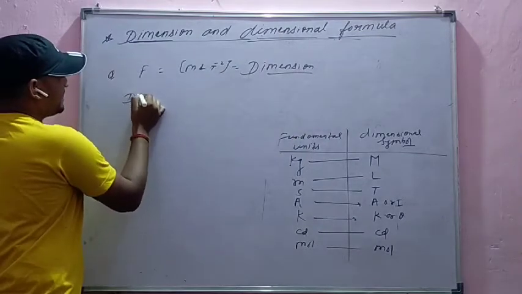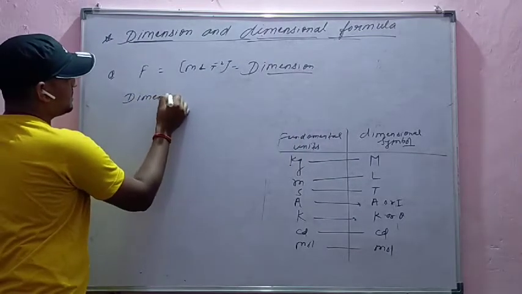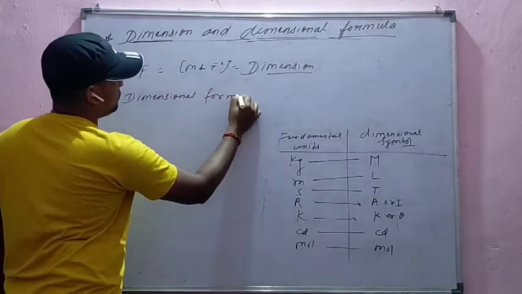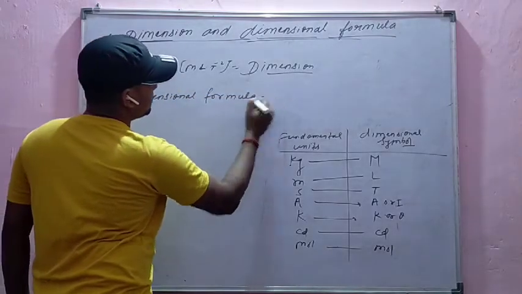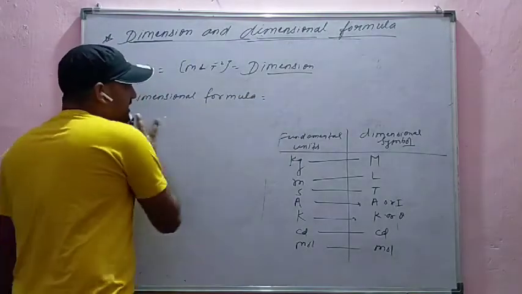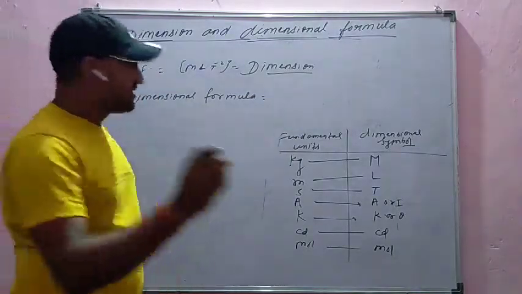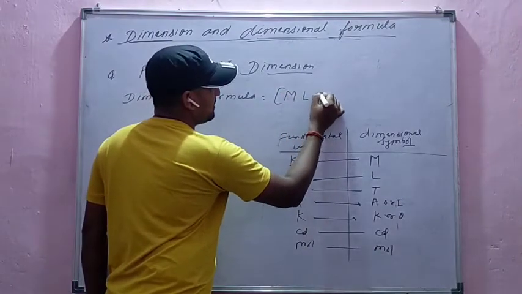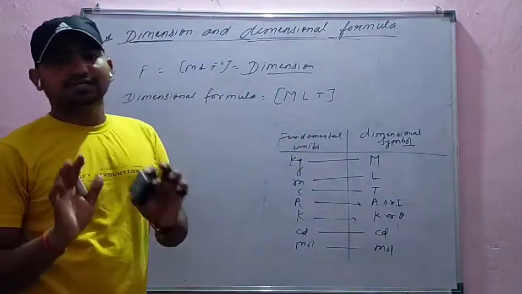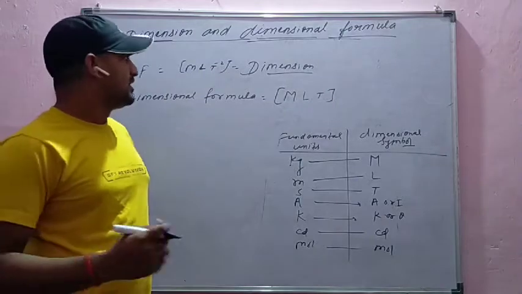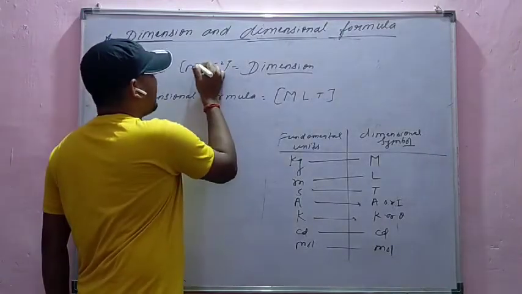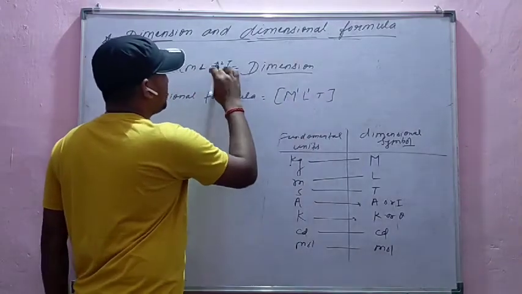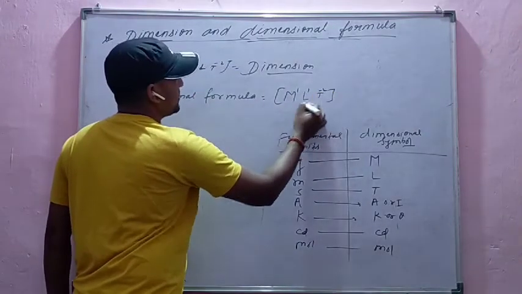When we write the dimensional formula, at first write M L T. Now see here, the power of M is 1, the power of L is 1, the power of T is minus 2.